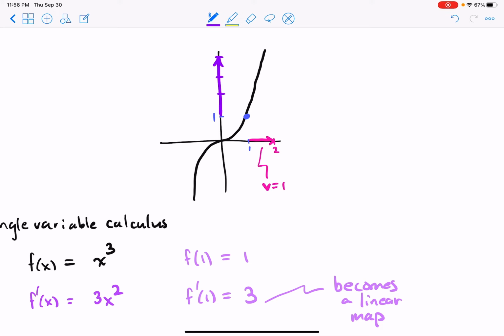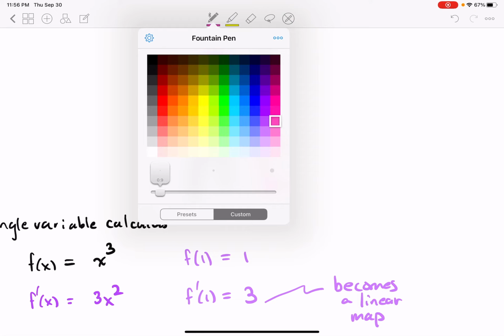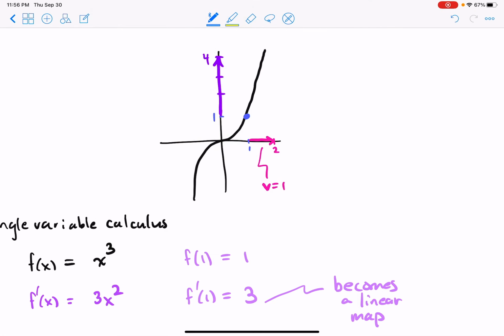It moved 3 units up to the height 4. And what is that? Well, that is exactly what we would get if we chose the tangent line to this graph. It had slope 3.